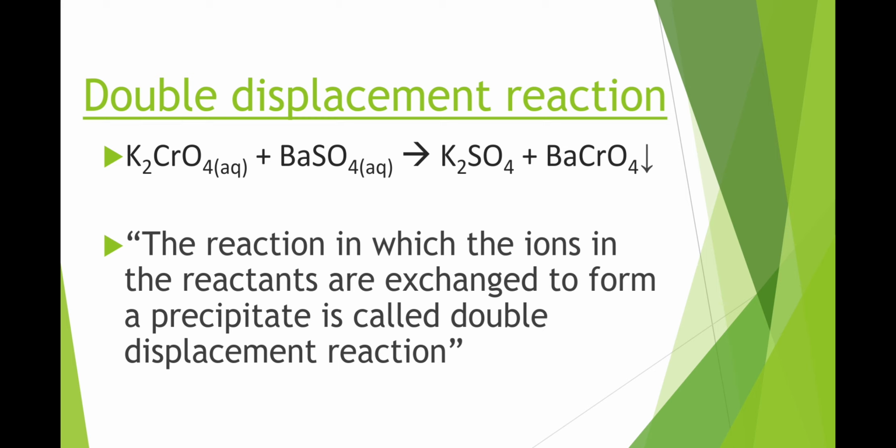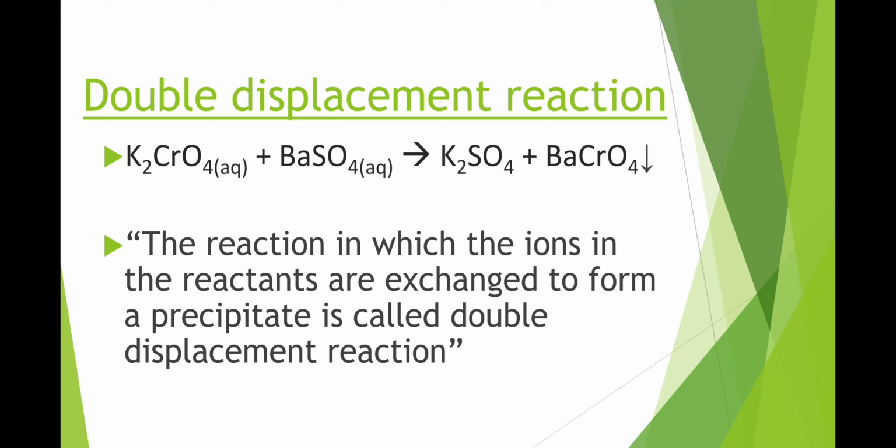In the above example, we have shown a downward facing arrow for the precipitate. The precipitate of barium chromate is formed there, which is yellow in color. Okay, this is the example for the double displacement reaction.